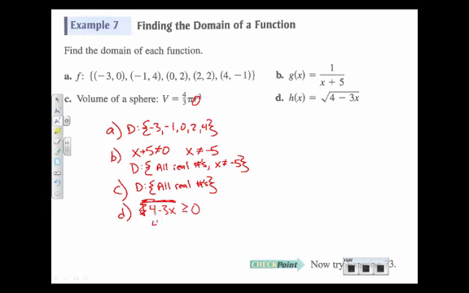So let's solve for this. 4 has got to be greater than or equal to 3x. And so 4/3 has got to be greater than or equal to x. So our domain would be x has to be less than or equal to 4/3. All real numbers less than or equal to 4/3.